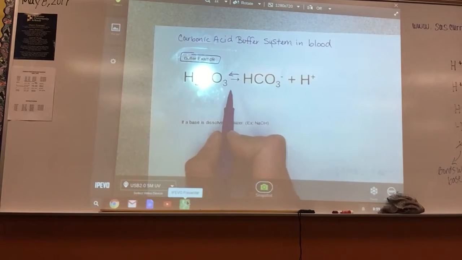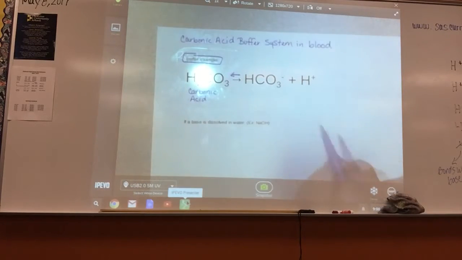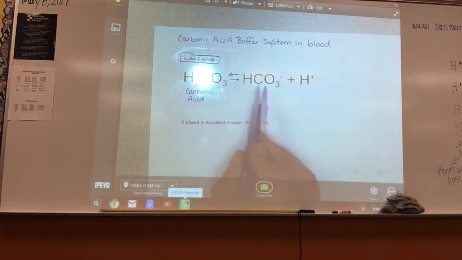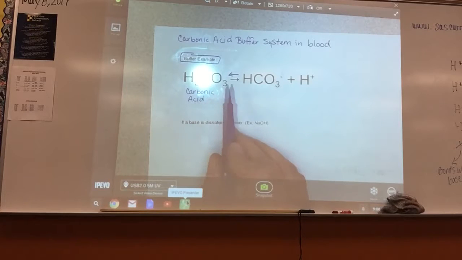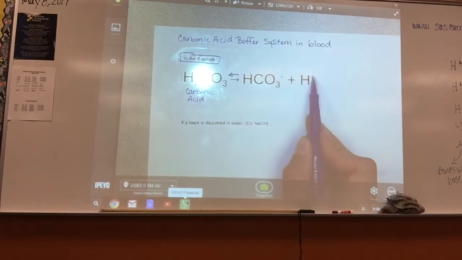So what are these things? H2CO3, this is your carbonic acid. And we go from left to right. Carbonic acid can break down or dissociate into two ions, this negative and positive ion here.